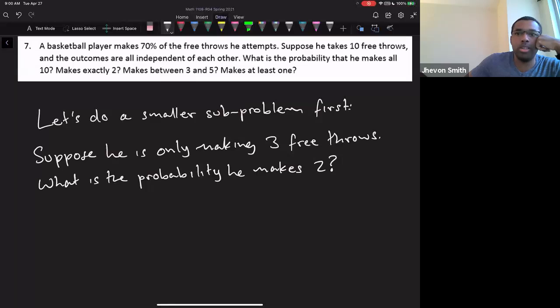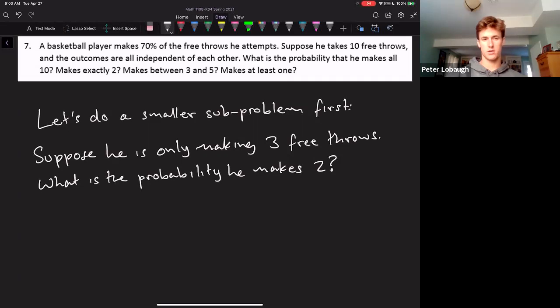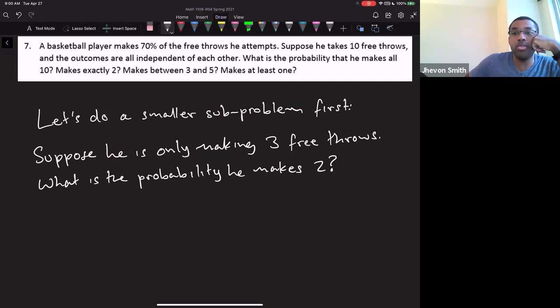Like how can you do that? Could you explain your question? Yeah, he's making 3 free throws. How would you go about finding the probability that he will make 2 of them? Like, how do you even start that problem? What would you think?